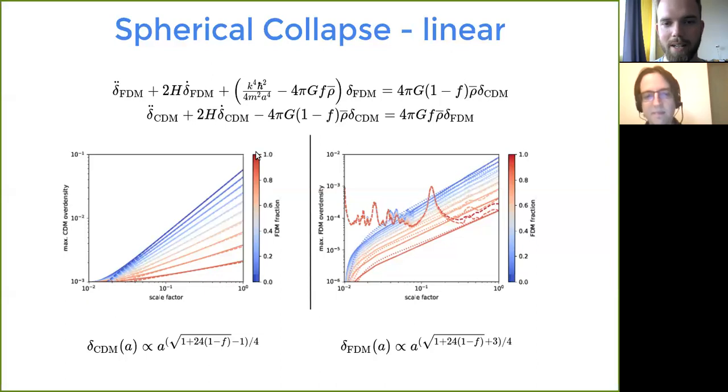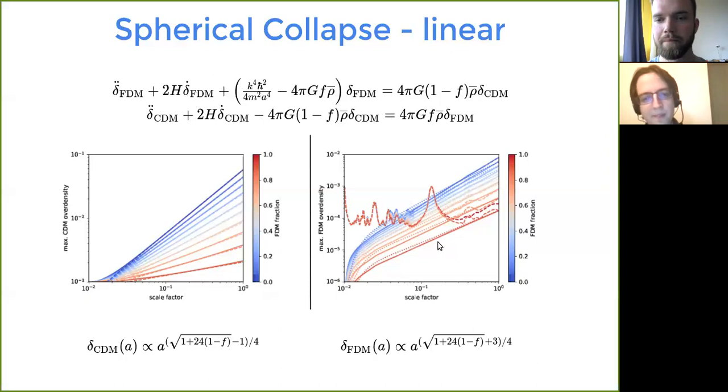And then the more fuzzy dark matter we have, it will become more and more red. So here the dashed lines represent this analytical behavior, and the solid lines are our numerical results. And as we can see here, they basically perfectly align with each other. So apparently we get the linear regime right, and the expectations really meet our numerical results.